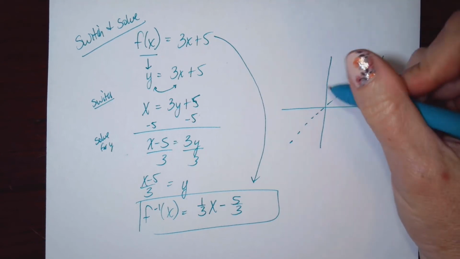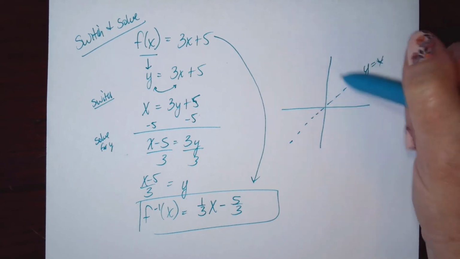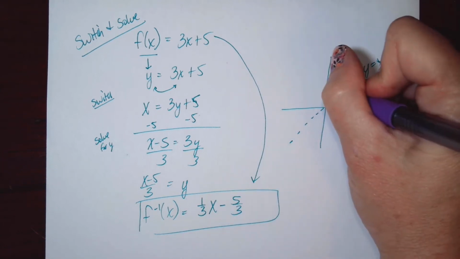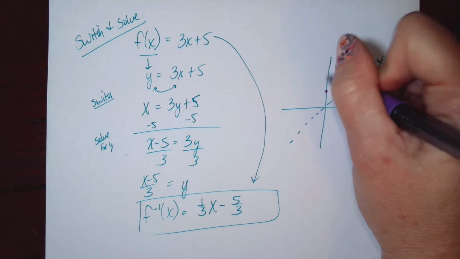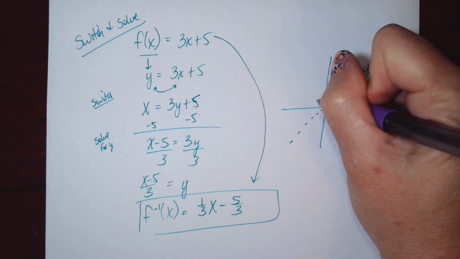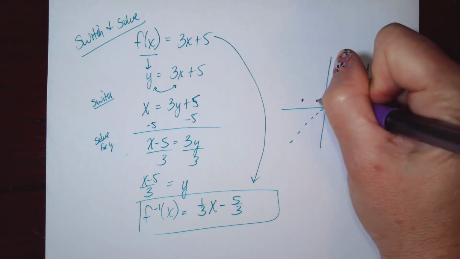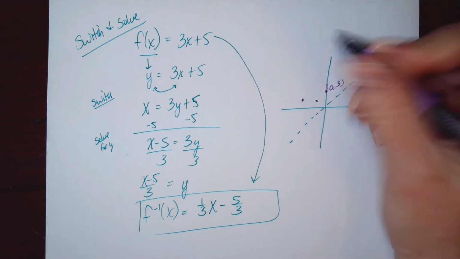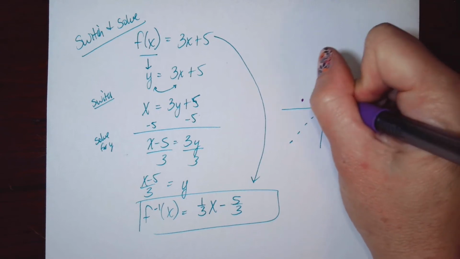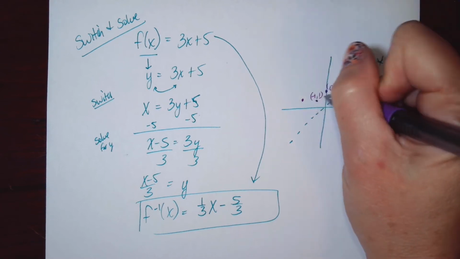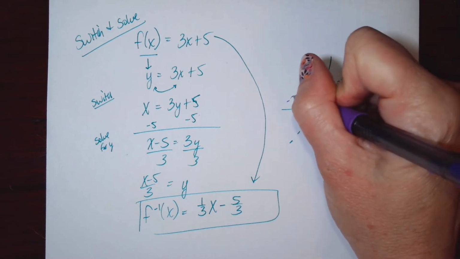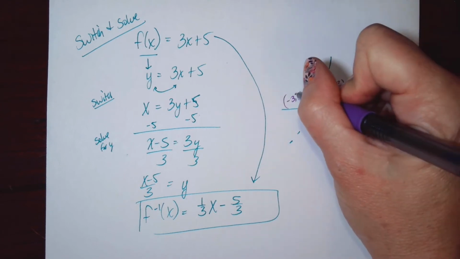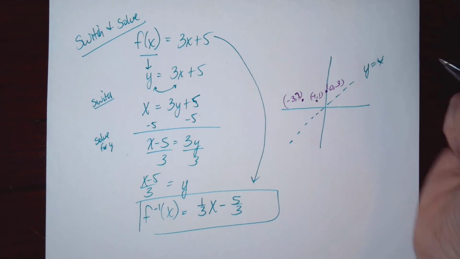So if I have a function, let's say that I had these 3 points, and let's make this 0, 3, let's make this negative 1, 1, and let's make this negative 3, positive 1.